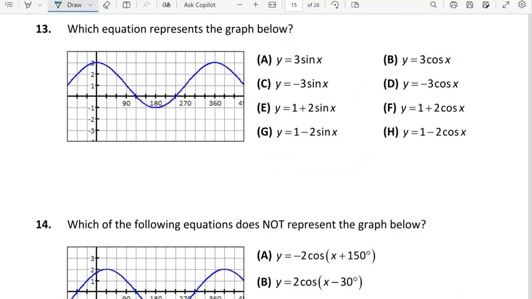In number 13, which equation represents the graph below? So this is a sinusoidal function that's been translated. If I can find that middle y value first, and then look at my answer choices, I don't see any phase shift or horizontal shift indicated in those, so I'm going to keep the y-axis in the same place.